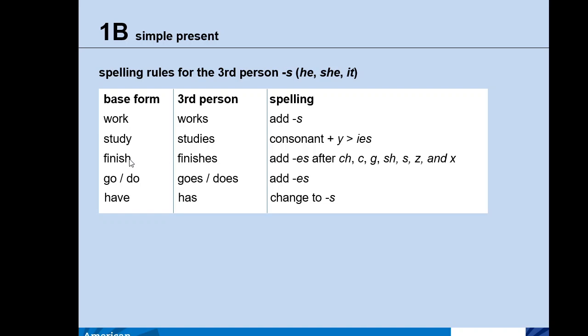Para aquellos verbos que tienen un final alguno de estos términos que tenemos en este listado, no vamos a agregar solo la S, sino que también termina con ES. Y algunos casos especiales, como por ejemplo el verbo go and do, va a tener también ese final. Y algunos verbos irregulares, como el verbo have o como el conocido verbo to be, cambia su forma la palabra en la tercera persona.